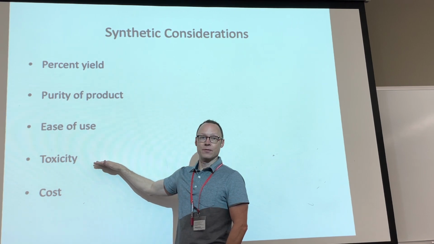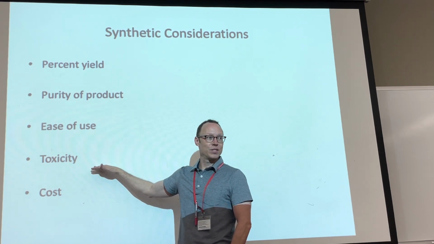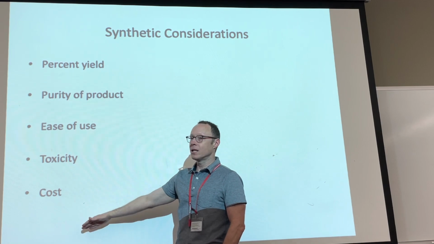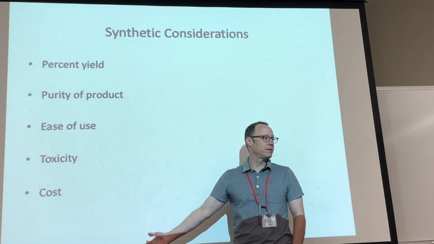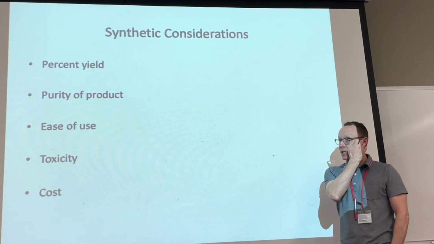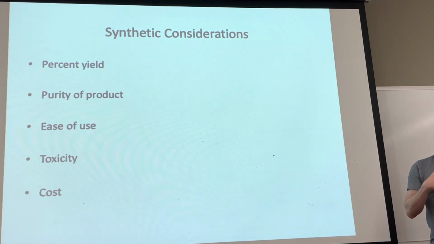The toxicity of the reagents, that's always something to consider. And then, like everything else in life, the cost. If you're dealing with a reagent that's very cheap versus a reagent that's going to be $100 per 5 grams, well, it doesn't grow on trees.